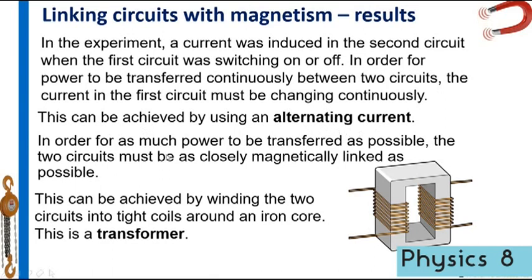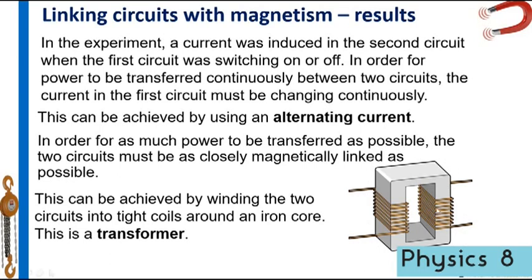We also saw that in order for as much power to be transferred as possible, the two circuits must be as closely magnetically linked as possible. And how do we do that? This can be achieved by winding the two circuits into a tight coil around an iron core, and this is the basis of what we call a transformer.